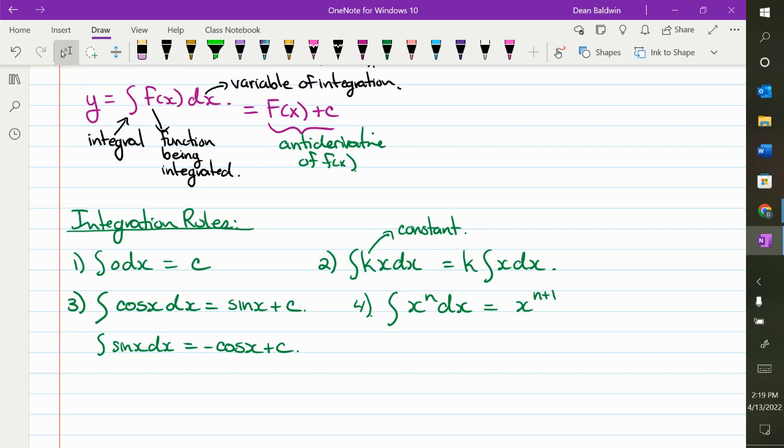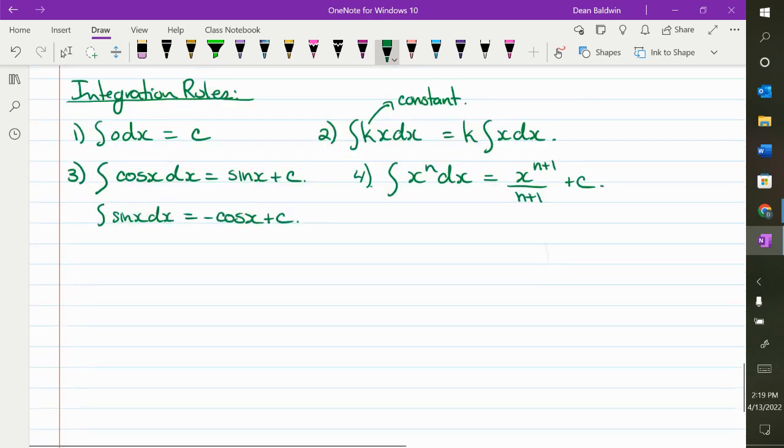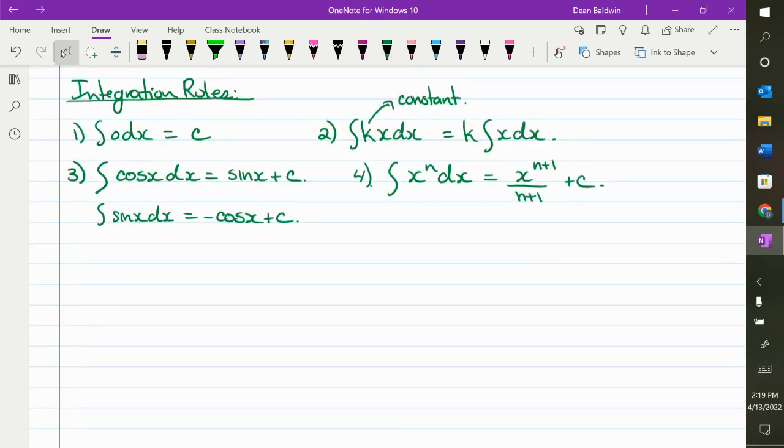It's because that 3 would be there, but you divide by your new exponent, which cancels those. So you have to divide by your new exponent, and then you put a plus c. So the antiderivative of x to any power n is x to the n plus 1 divided by that new exponent, n plus 1. All right, we're going to practice it.